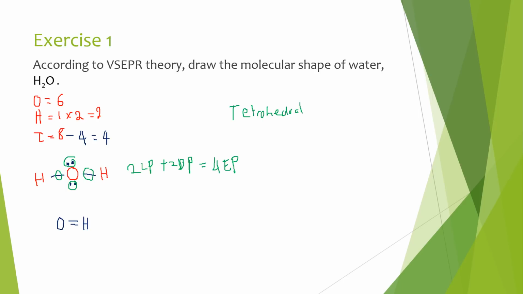But please take note that for water, it has 2 lone pairs. So the molecular shape will be different. And based on the previous slide, you know that when a tetrahedral consists of 2 lone pairs, its shape will become a V shape.